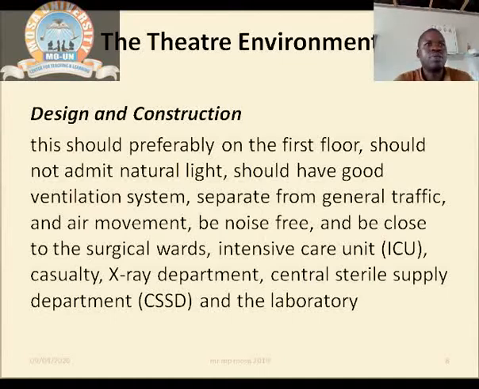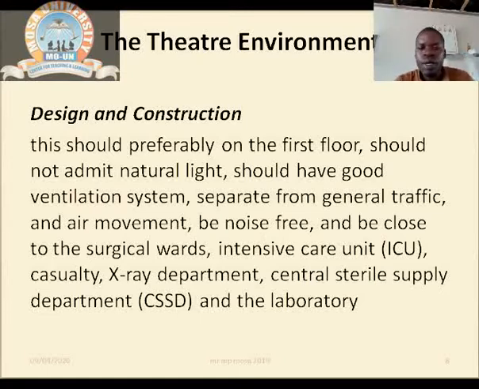The patient has to be just moved from theater to the intensive care unit. Then the surgical wards, they don't need to move a long distance to transport the patient from the wards to theater. So theater has to be proximal to the laboratory, the X-ray department, and the CSSD unit.